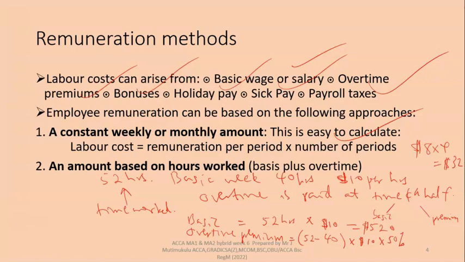So we're going to get here 60. That's your overtime premium. So the total pay becomes 520 plus 60, and becomes $580. That's your total pay.